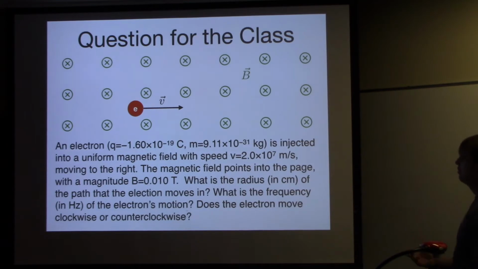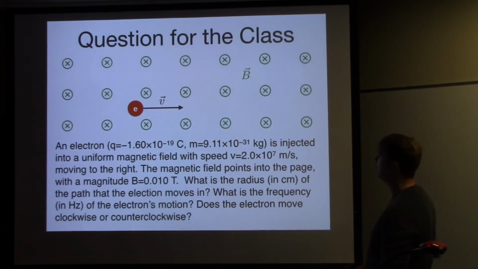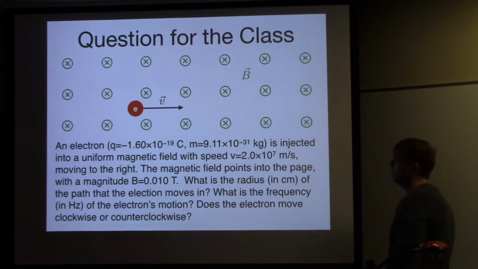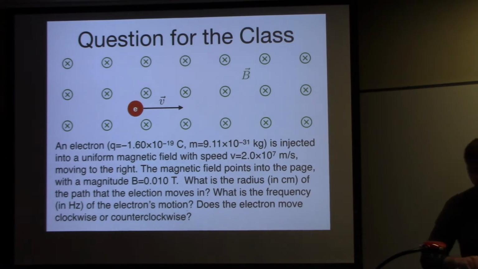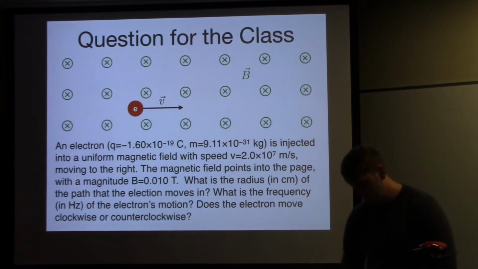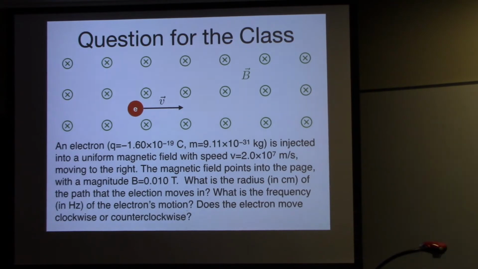A number of questions. What is the radius in centimeters of the path that the electron moves in? What is the frequency of the electron's motion? We'll give that in hertz. And does the electron move clockwise or counterclockwise? Let's think about all these questions and work it out over here.